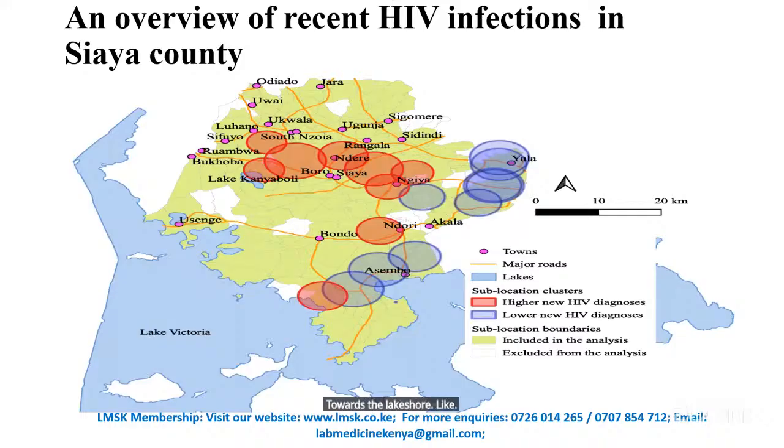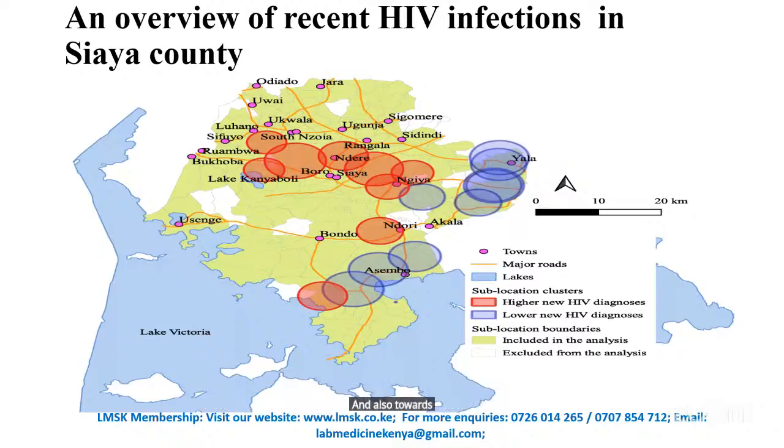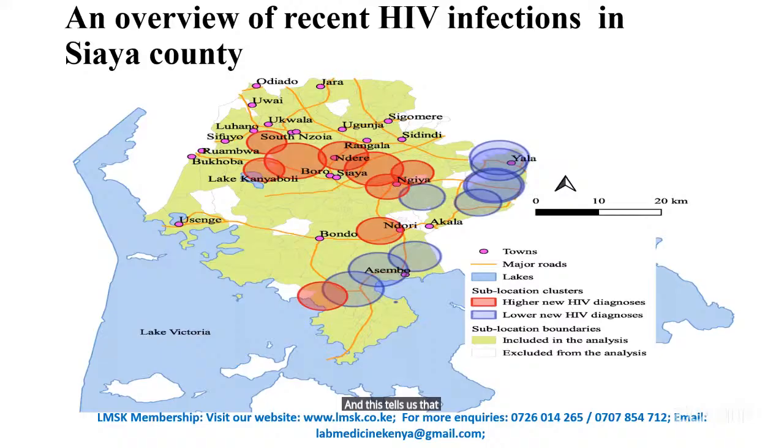Like the area around Boro, we have an artificial or man-made lake, which is called Kanyaboli Lake. And also towards the Ndori area where we have the Asembo Bay, we also have higher prevalence. And this tells us that the epidemiological infection in Siaya is mainly due to the mobility of the fishing community and their socio-economic factors.